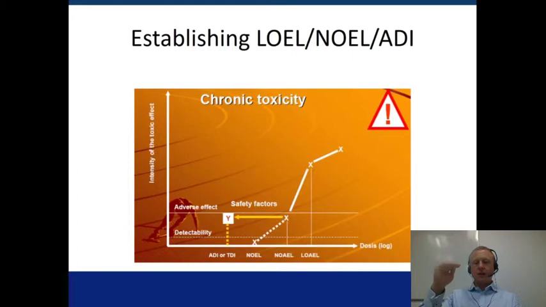And so the next one up, of course, is the one which you had the adverse effect. So that then becomes the LOAEL, or the lowest observable adverse effect limit.